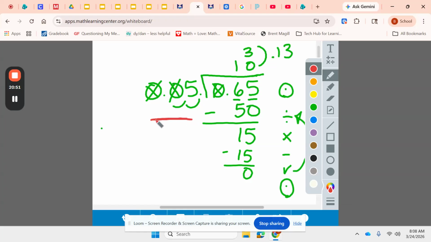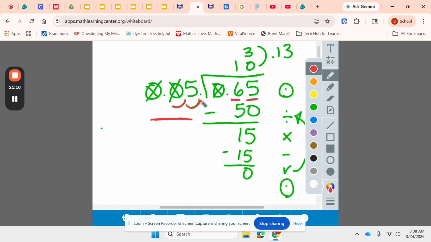Then I went ahead and divided. All right? And now at the very end, yeah, I consider the decimal at the end, right? Because there's a decimal in the dividend. This is kind of tricky. What you should be seeing is I did not change the dividend after changing the divisor.